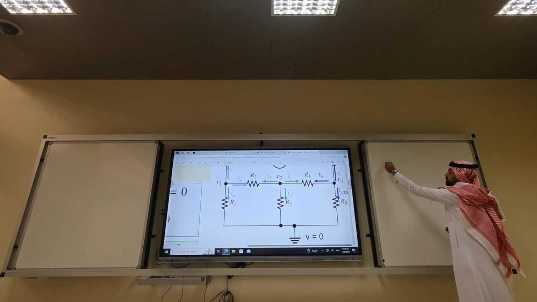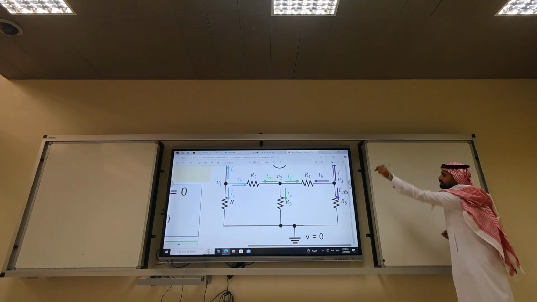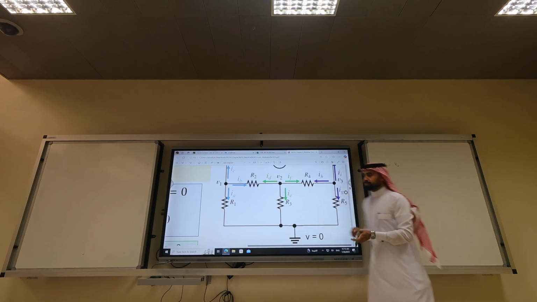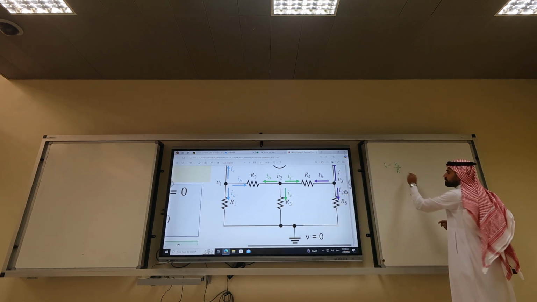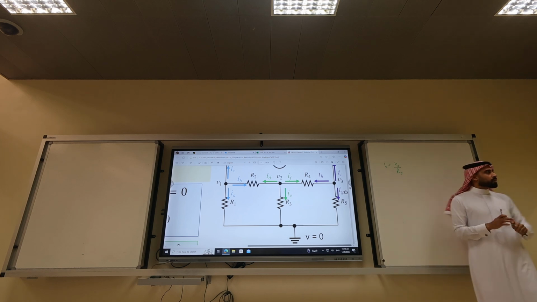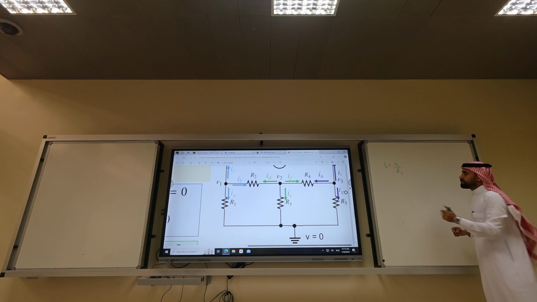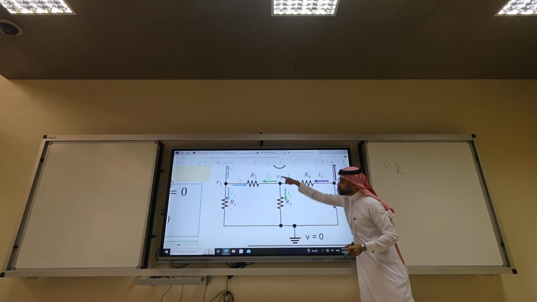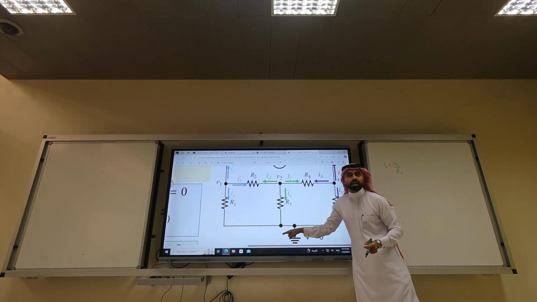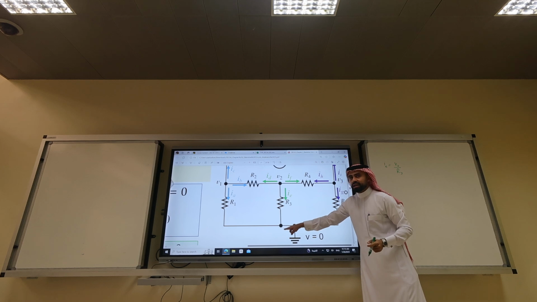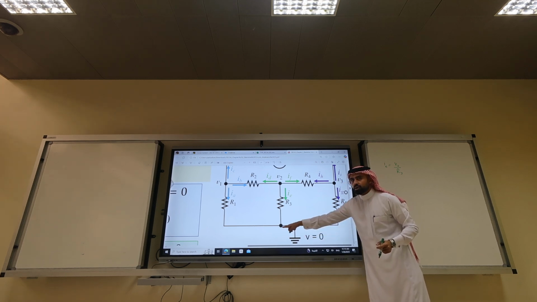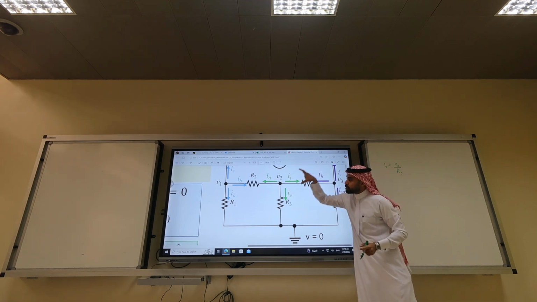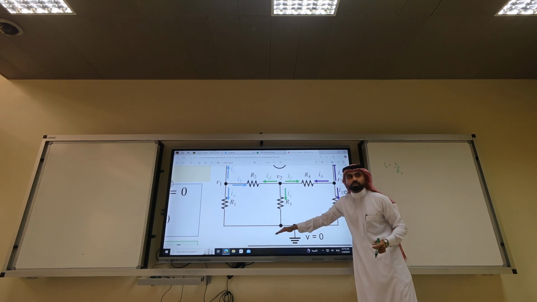What is IE? IE equals V2 minus 0 over R3. We select the reference voltage because in reality, the voltage drop across the resistor is V2 minus 0. Get it? If this was 2 volts and this was 5 volts, the equation is actually going to be the voltage drop across the resistor, which is 5 minus 2.